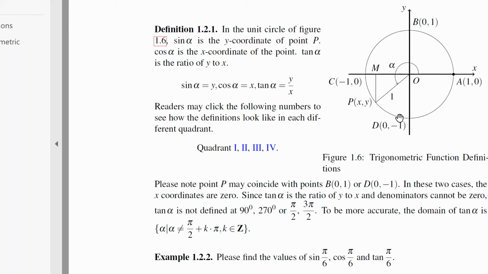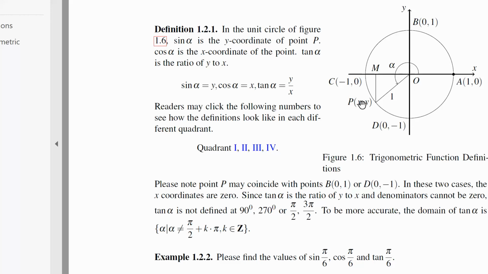So basically, if this angle alpha is 250 degrees, that will be greater than 180 and less than 270 degrees.